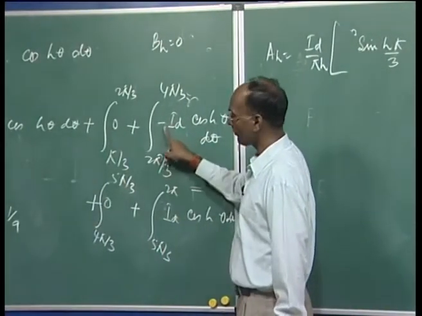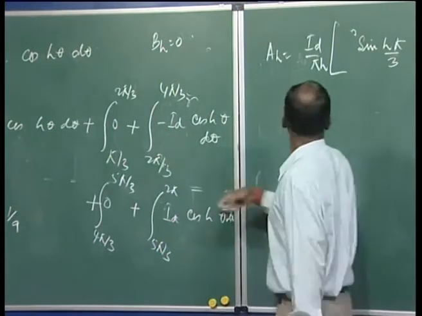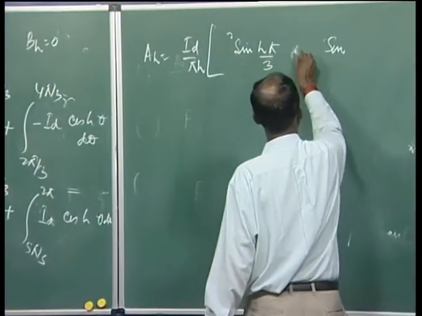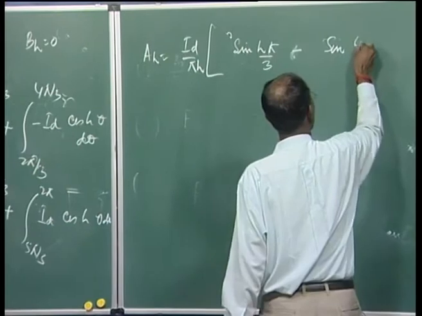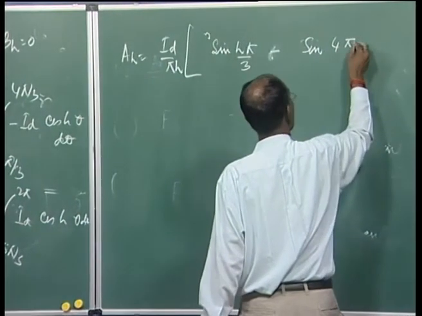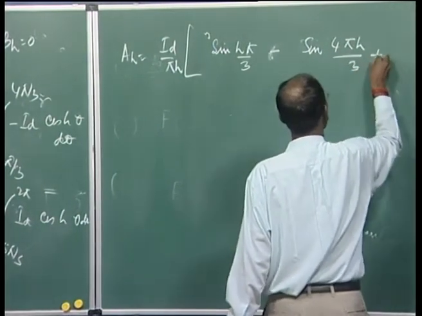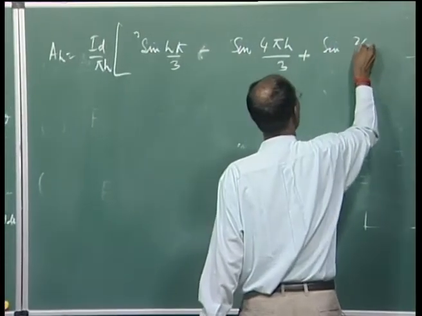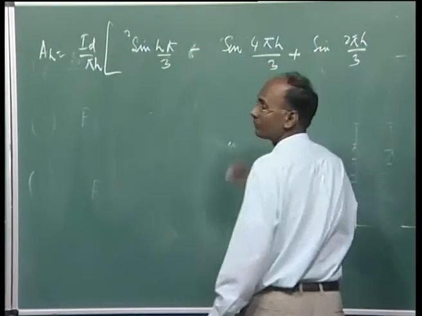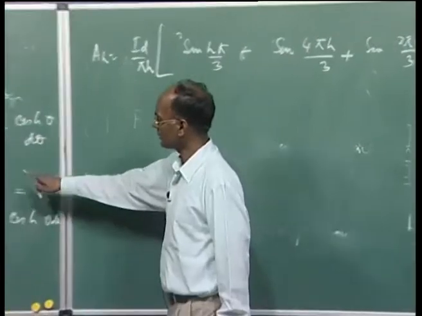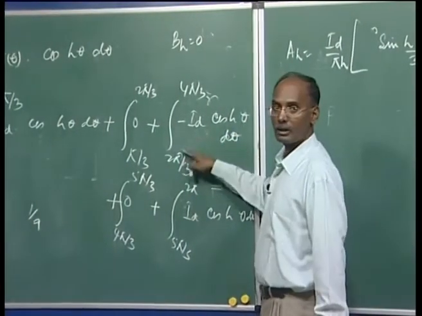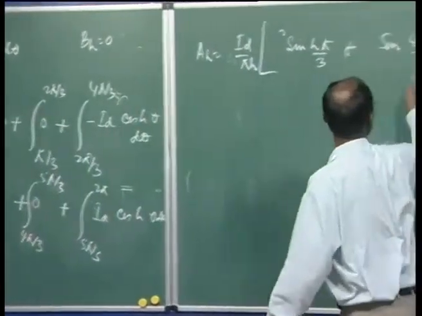This is 0, and for here I want to write sine. Now this value here is a minus, so I can write minus sine 4 pi h by 3 plus sine 2 pi h upon 3, because this is 2 pi by 3 here and it will be positive.